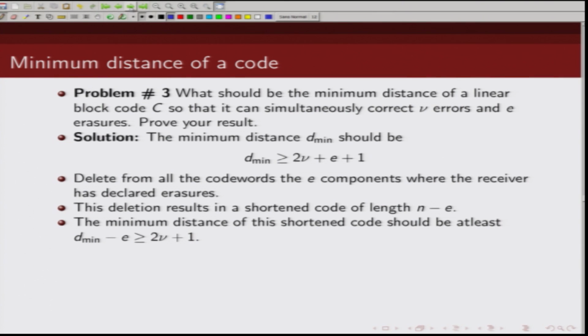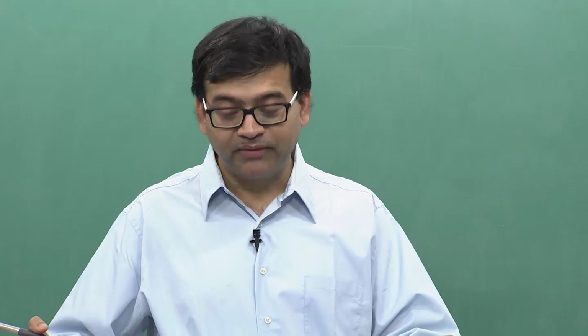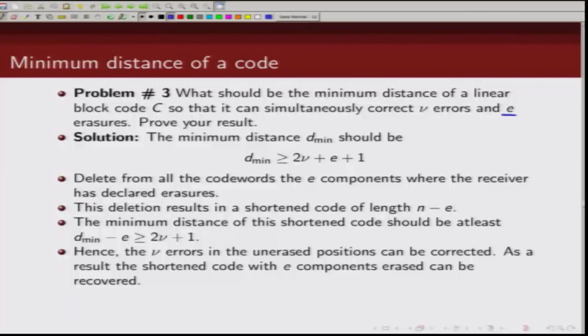So, we want our minimum distance of the code to be at least 2 mu plus E plus 1. Now, since these mu errors in the unerased positions can be corrected if this condition holds, as a result we would be able to correct mu errors. Now, remember we have to simultaneously also correct E erasures.